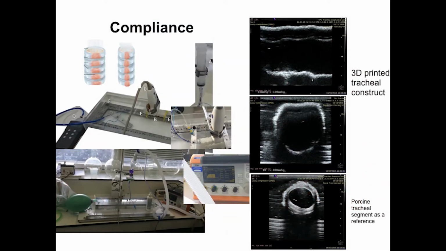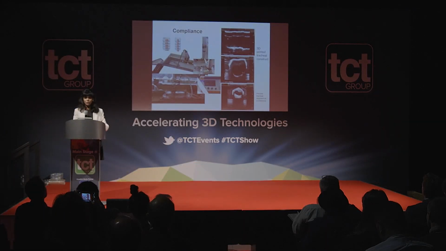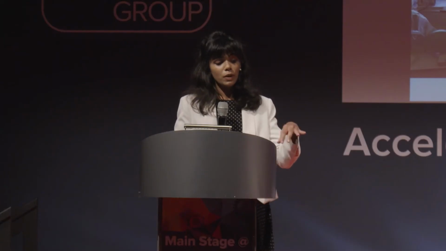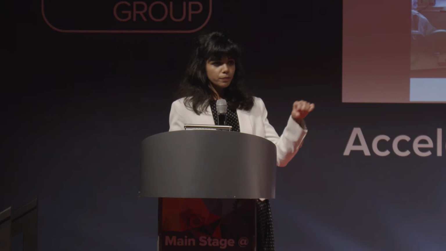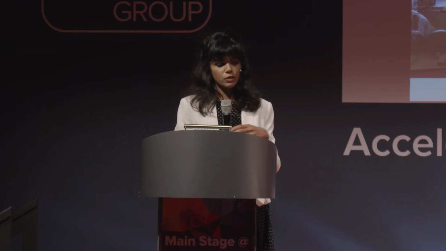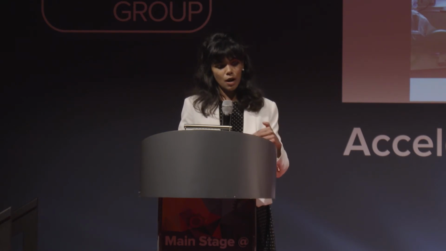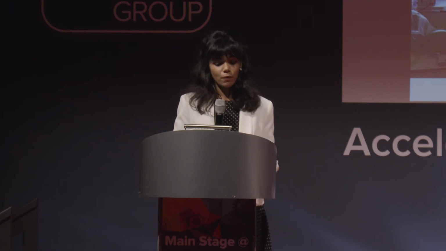The very bottom one is a porcine trachea, and as you can see, it doesn't have the trachealis muscle as in a human, but we used it as a reference point to see the rigidity. For our tracheas, we placed a Doppler scan to see the flexes, and we introduced very high pressure to the system to observe its behavior.